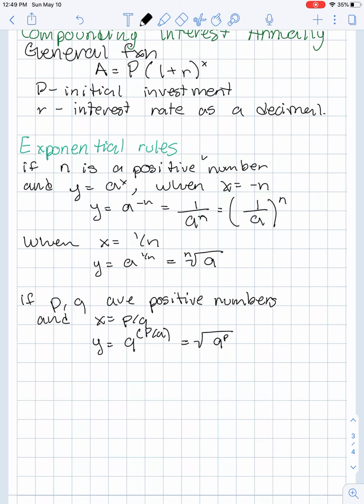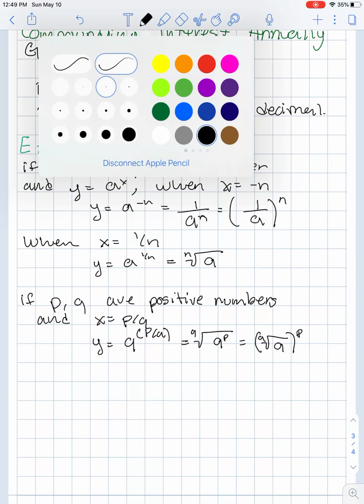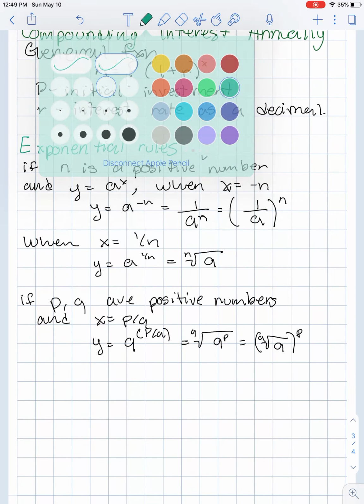And I can rewrite that as a to the p of the qth root, or the qth root of a to the p. All right, those are all the same.